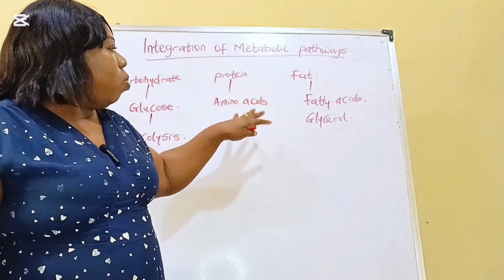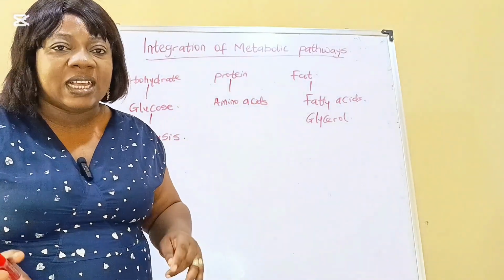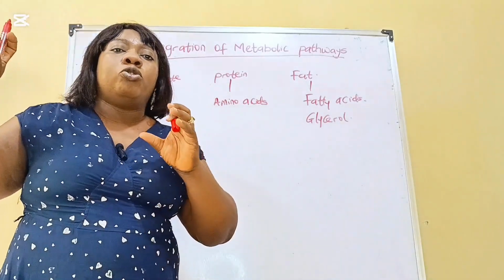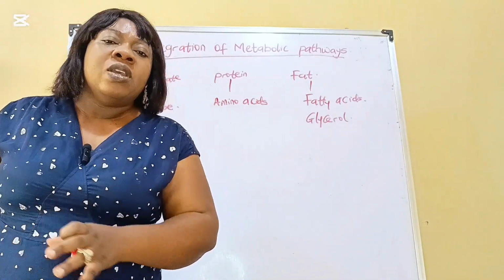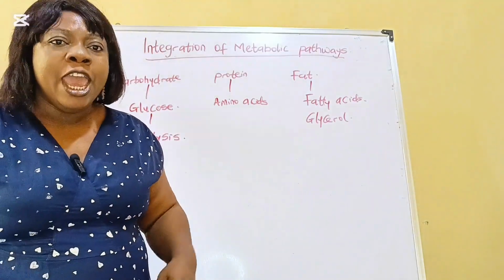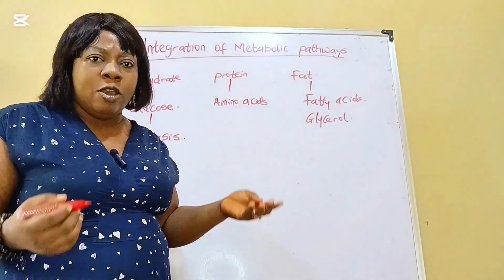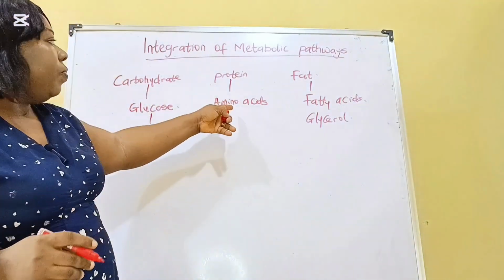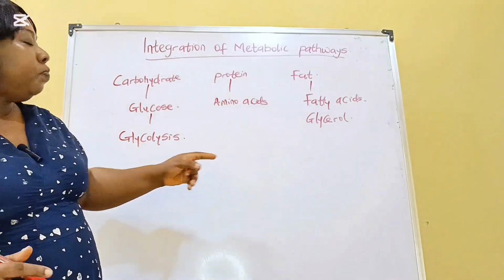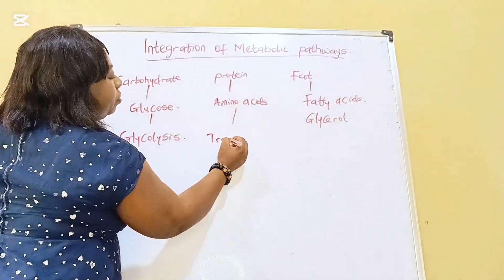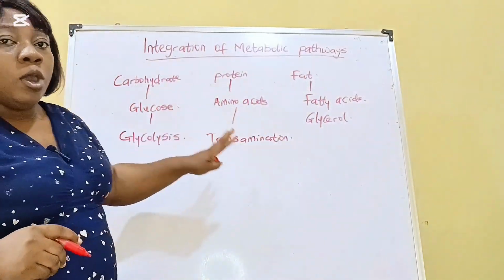The work of transamination is that it removes that amino group and transfers it onto another keto acid. With that, it will form a new amino acid and also a new keto acid. So through transamination, that is what amino acids will undergo.